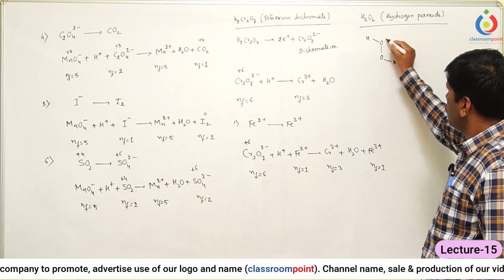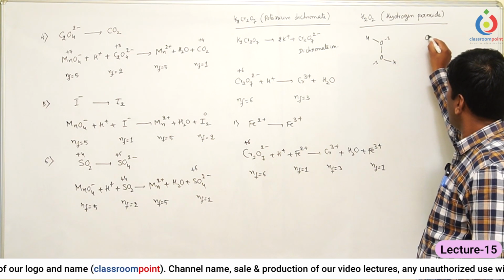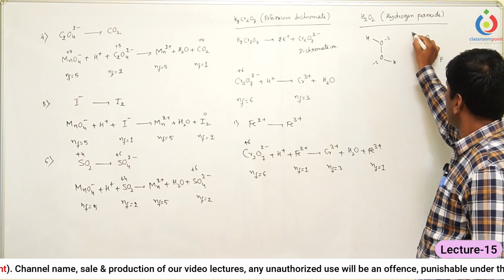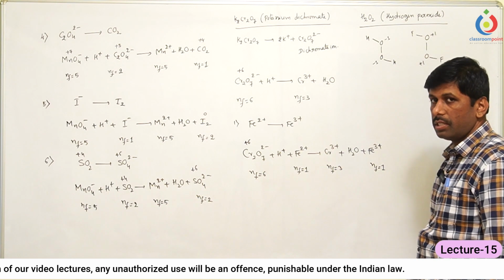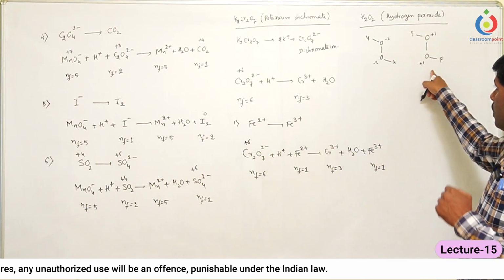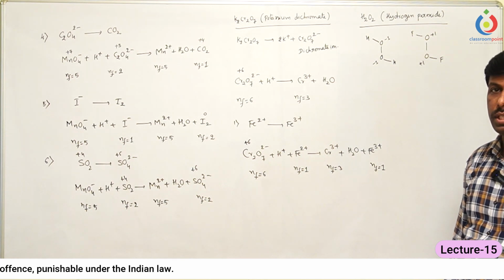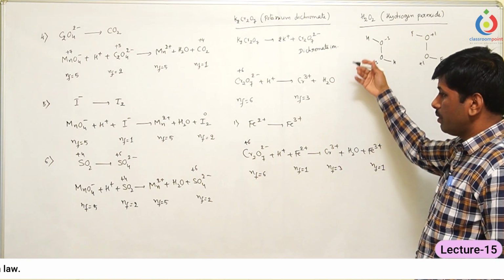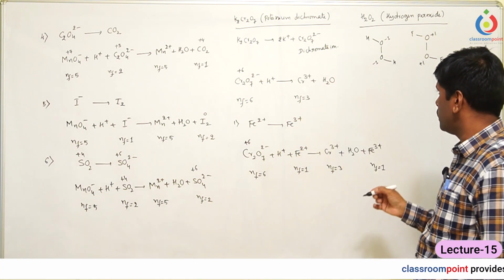In peroxides, usually oxygen exhibits -1 oxidation state, except for one peroxide with fluorine where oxygen exhibits +1 oxidation state. Except this one, in all other peroxides, oxygen exhibits the -1 oxidation state. Now, as we discussed earlier, it acts as both oxidizing agent as well as reducing agent.